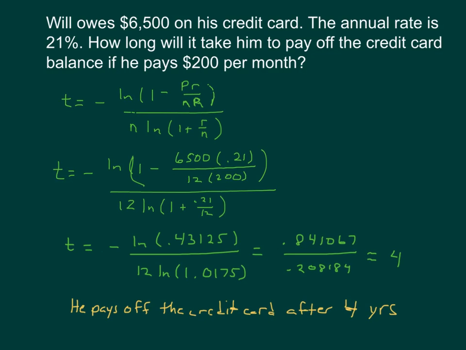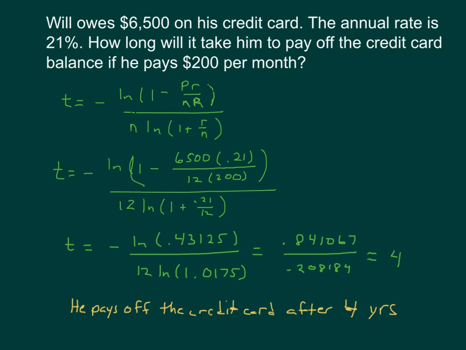Putting the two things that are inside the natural log into the calculator and getting a decimal for each one, I get t is equal to negative natural log of 0.43125 over 12 times the natural log of 1.0175. Putting that all into the calculator gives me something that's just slightly over 4. So I'm going to say it's going to take him 4 years to pay off this credit card.